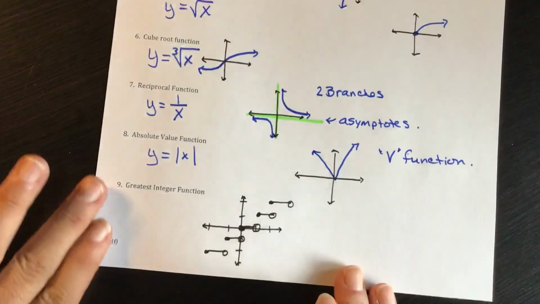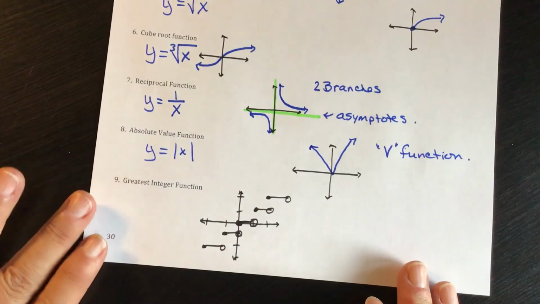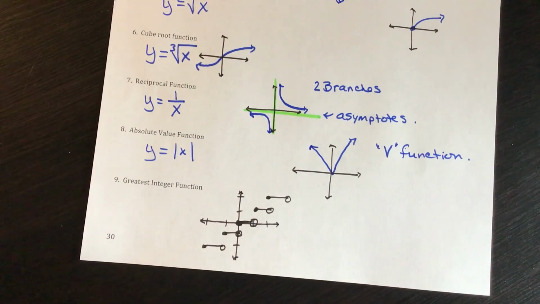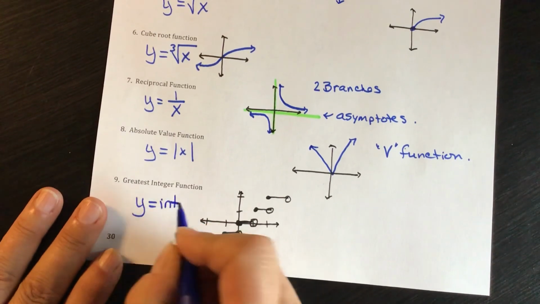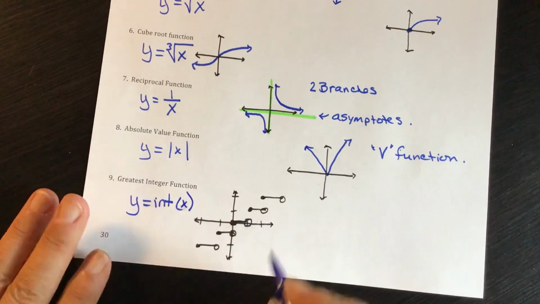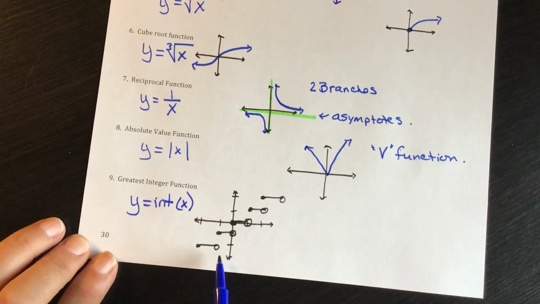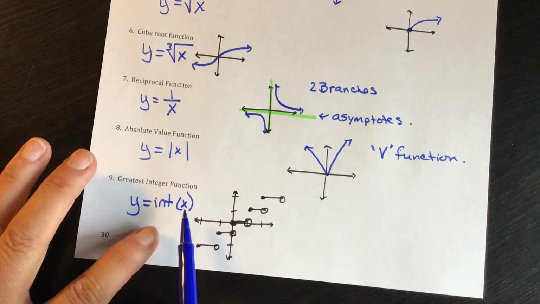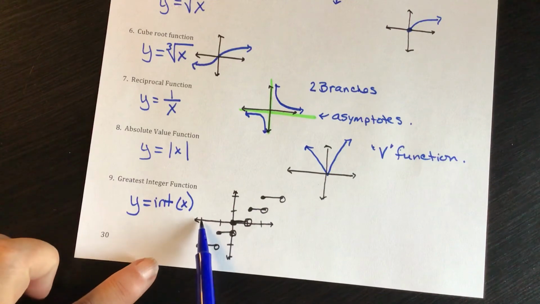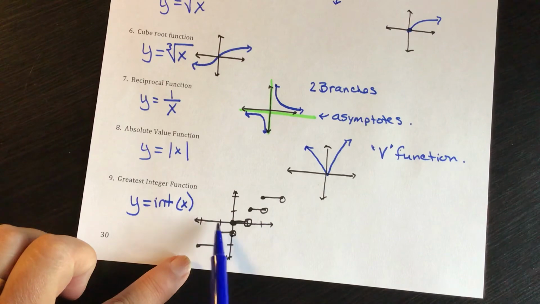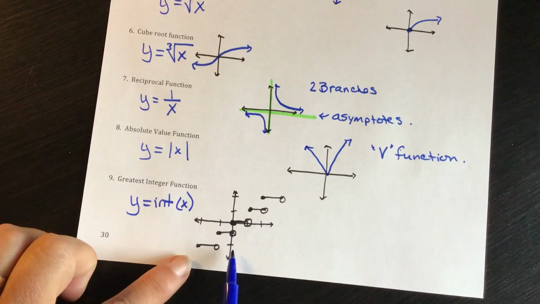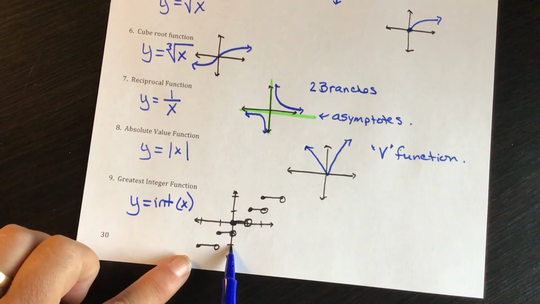And this last one here, we don't see too often, but it's called a greatest integer function. And it might look like this, where the x value has to be an integer. So if I have an x value of 2, anything between 1 and 2, but not including 1, will have a y value of 2.